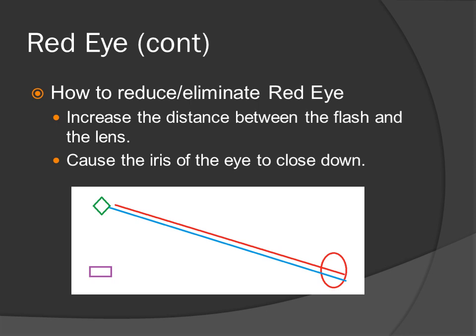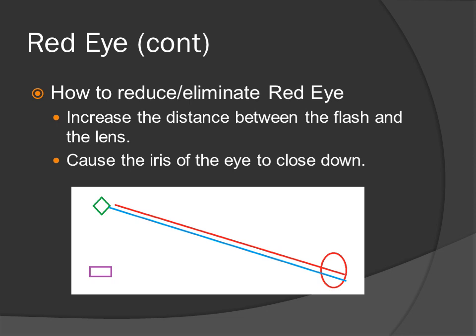Thus, you won't see or reduce the amount of red eye you see. The other option is to cause the iris of the eye to close down. If you shine a flashlight at their eye or have them look at a bright light, the iris will close down, resulting in a smaller opening to the eye. That results in less visibility of the red.